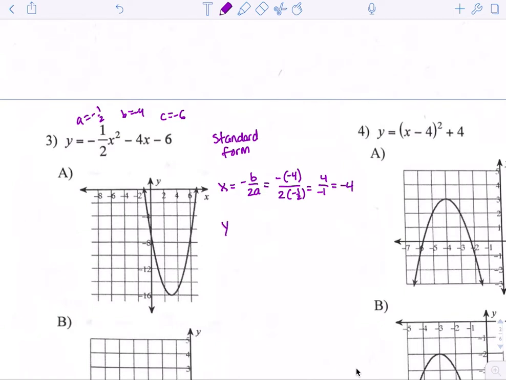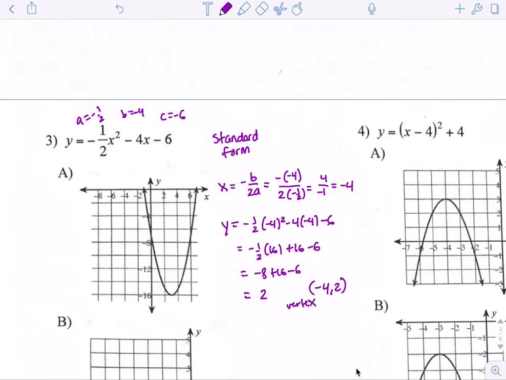Plug in -4 into the original, so -1/2 times -4 squared minus 4 times -4 minus 6. -1/2 times 16, -4 times -4 plus 16 minus 6. -8 plus 16 minus 6, which is just 2. So -4, 2 is our vertex.